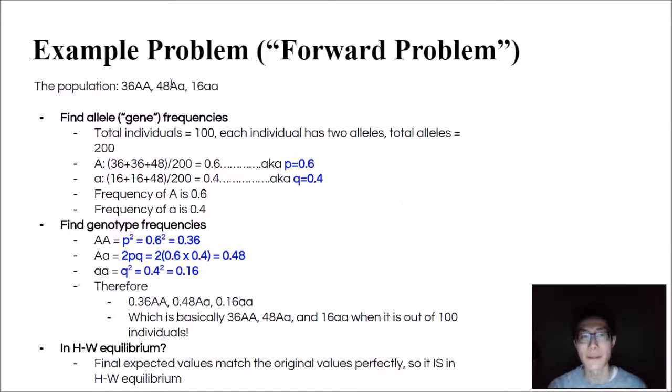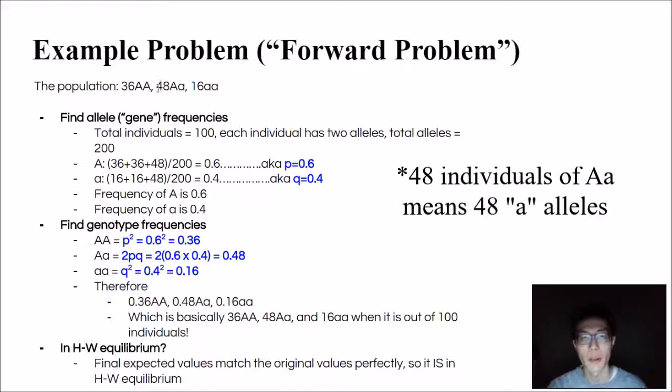And then you have to account for these little a's over here, where there are 48 big A little a individuals. Those 48 individuals have half of their genotype being big A and half being little a, so in total there are also 48 little a's over here that you have to account for. Think about that for a second.